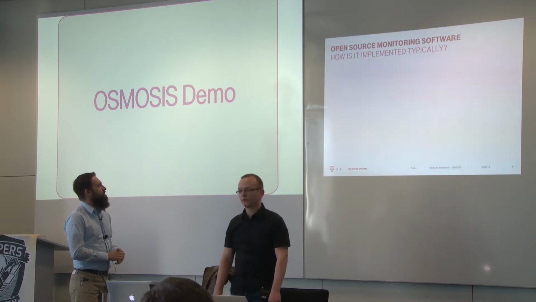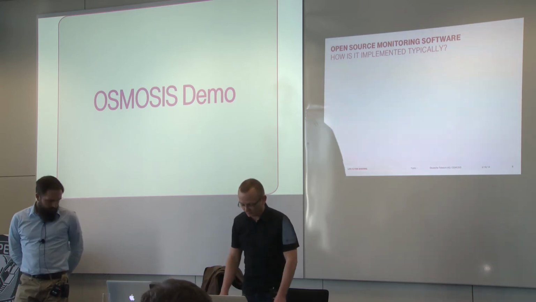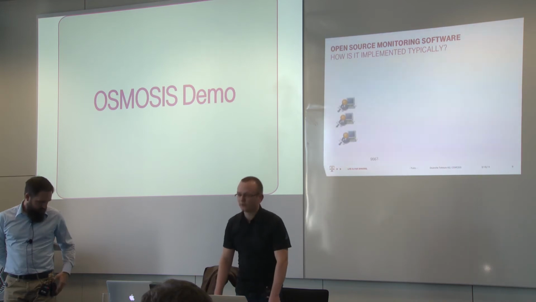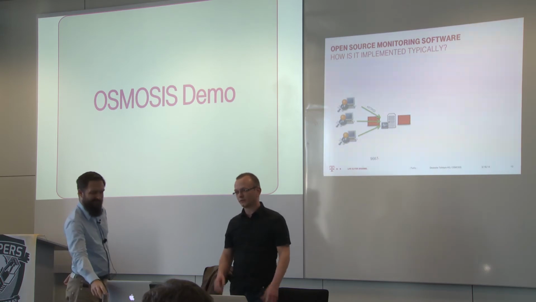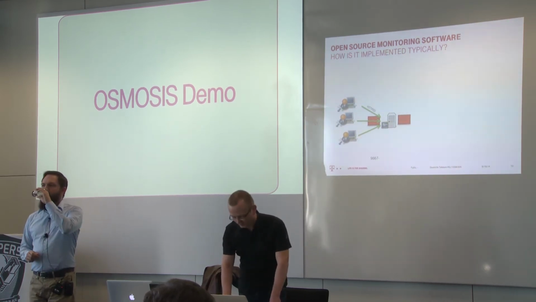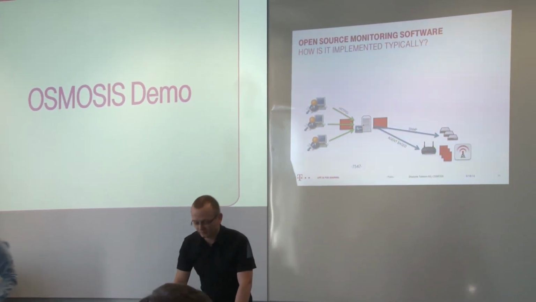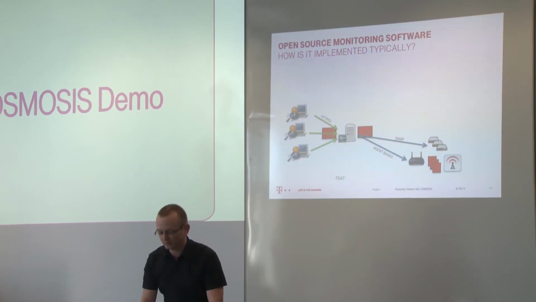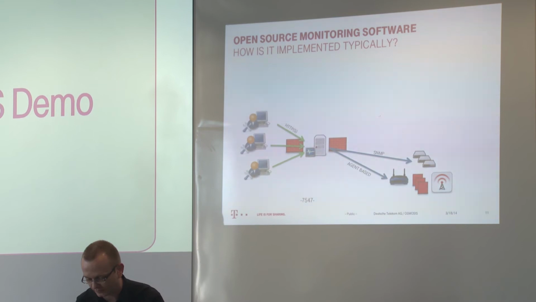Okay, let's have a quick view of how monitoring software is typically implemented in any network. We have, of course, a lot of admins. The admins normally use a web client, a browser, whatever, to access the central monitoring system. Such a system has, of course, access to a lot of network elements within your network. That can be firewalls, routers, switches, access points, whatever.